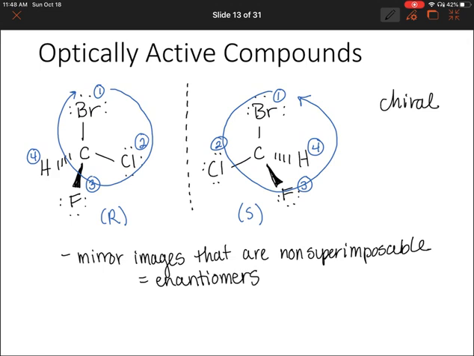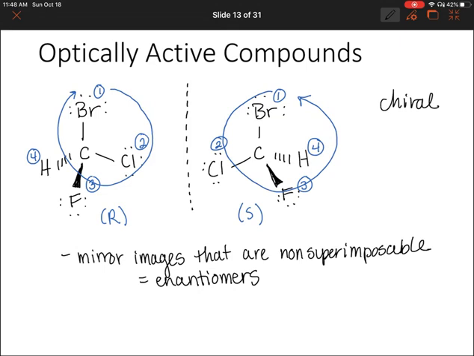So we're going to start using that word to describe these mirror images that are non-superimposable on each other. These enantiomers are chiral, and they can each rotate light. So they are both optically active on their own.